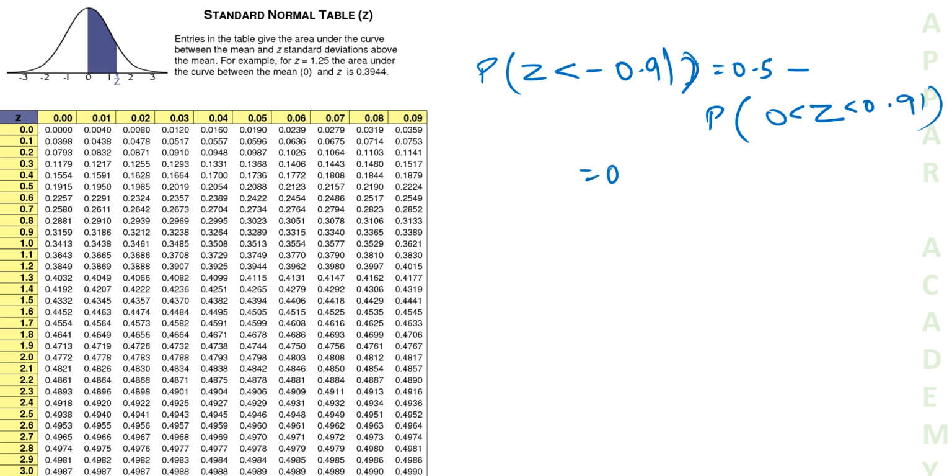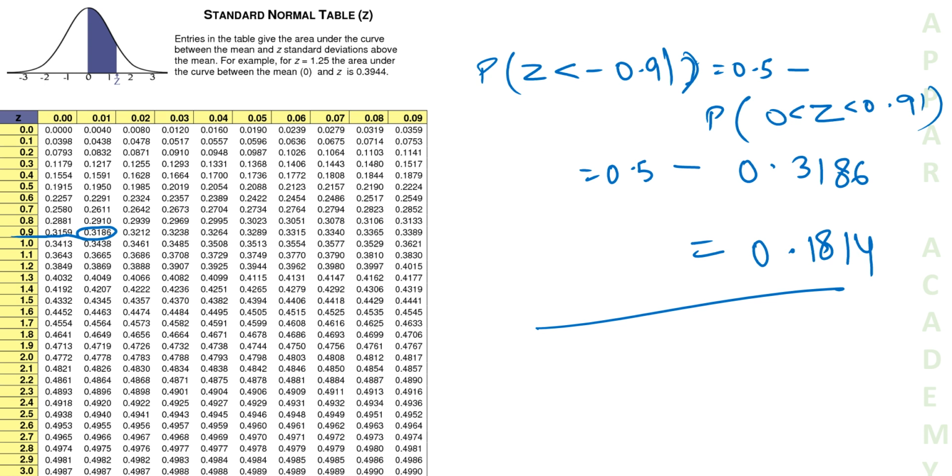Now, this is equal to 0.5 minus the table value: 0.9 is over here and 0.01 is over here. So this becomes 0.3186. So 0.5 minus 0.3186 gives us the figure 0.1814, and we are done.